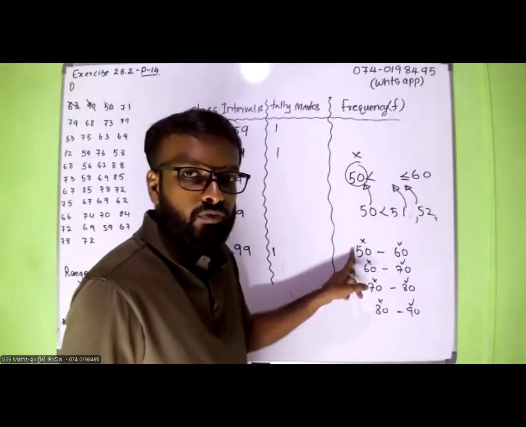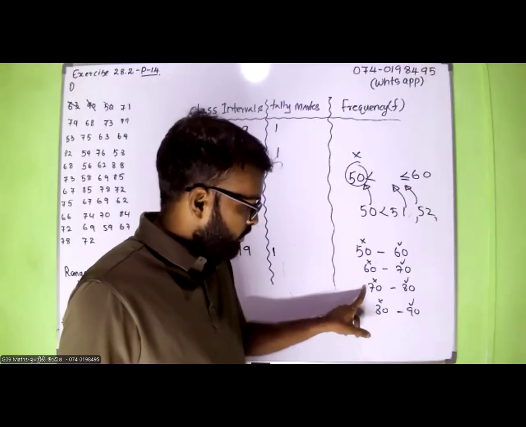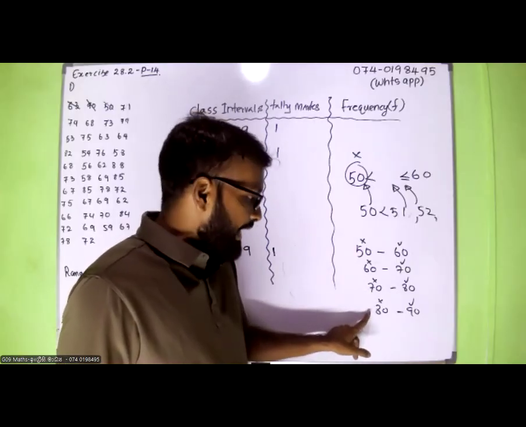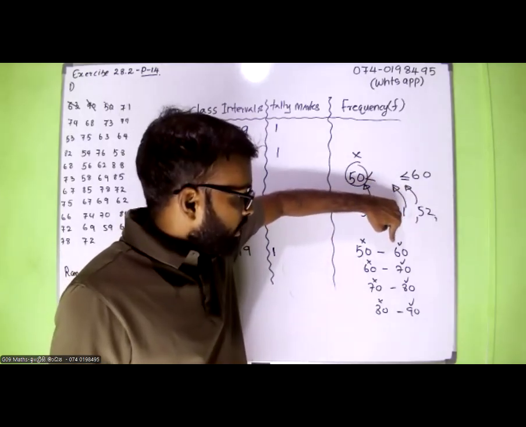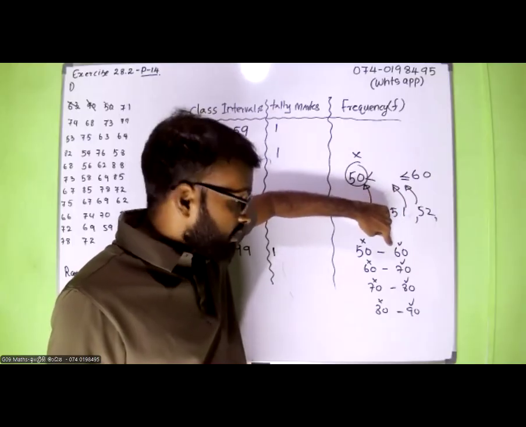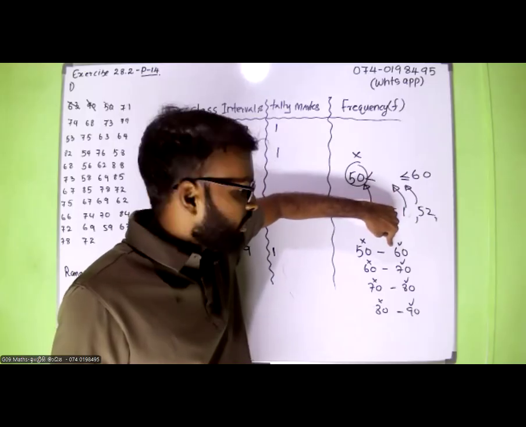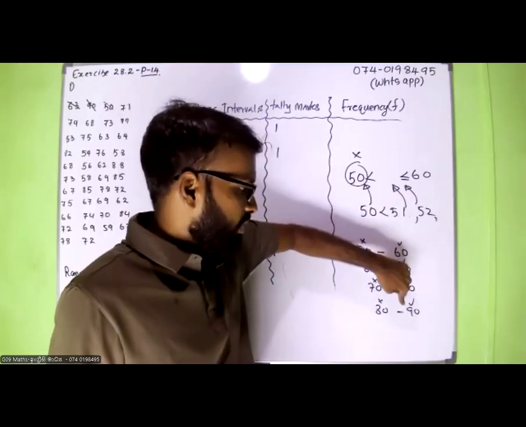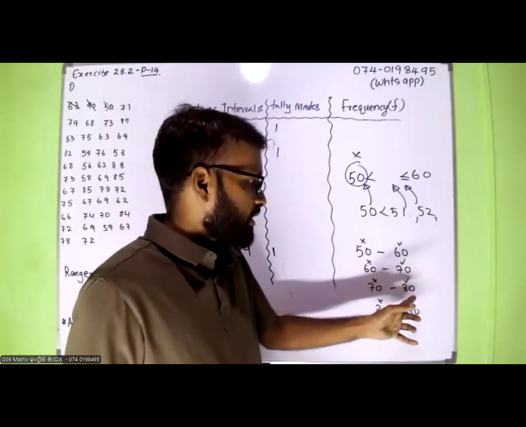You can't put 50 in this, you can't put 60 in this, you can't put 70 in this class interval, you can't put 80 in this class interval. The meaning of the tick mark is: you can put 60 into this interval, 70 into this interval, 80 into this interval, 90 into this interval. That is the meaning.